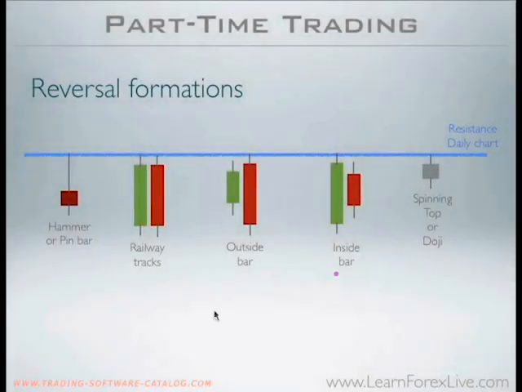All right. What about the stop loss? Again, two ways of dealing with the stop loss placement: the aggressive and the conservative way. The conservative way, simply place it 5 pips above the high of this pin bar.